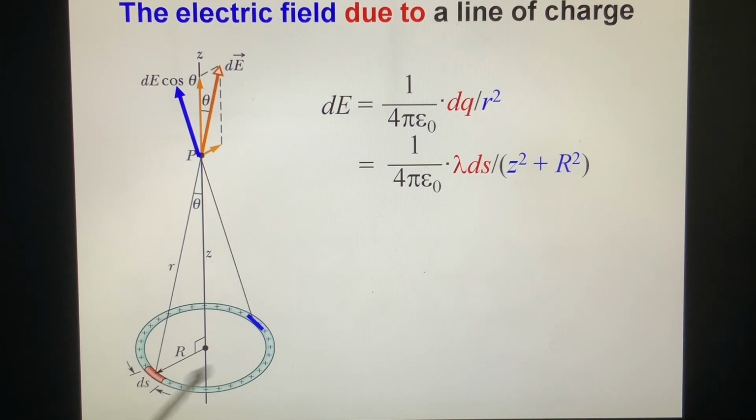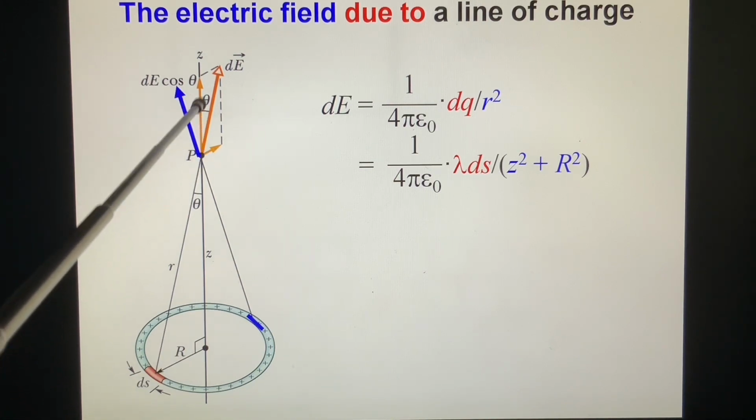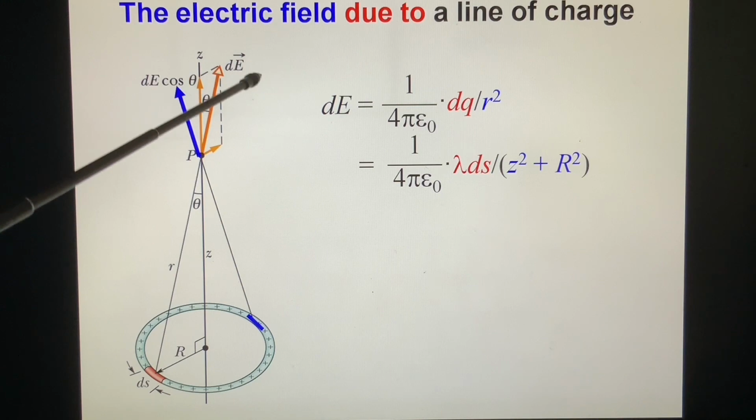So we take the charges in pairs, many pairs. For each pair, the resulting dE is along the Z direction. So finally each dE, its component along the Z direction, makes the final contribution.